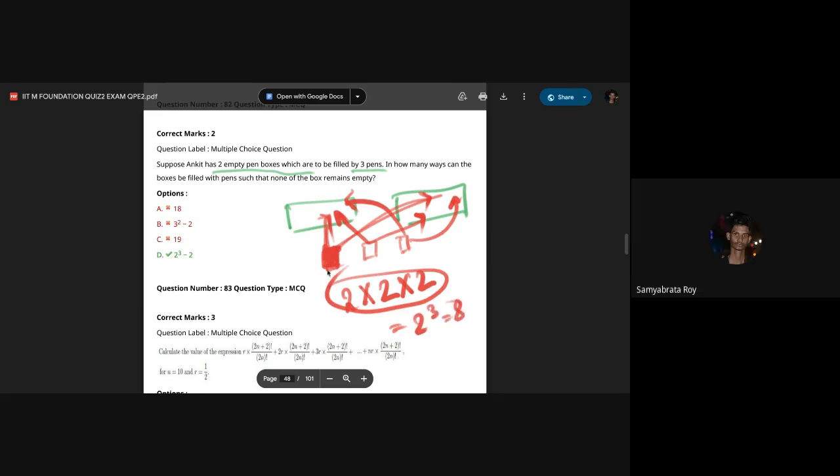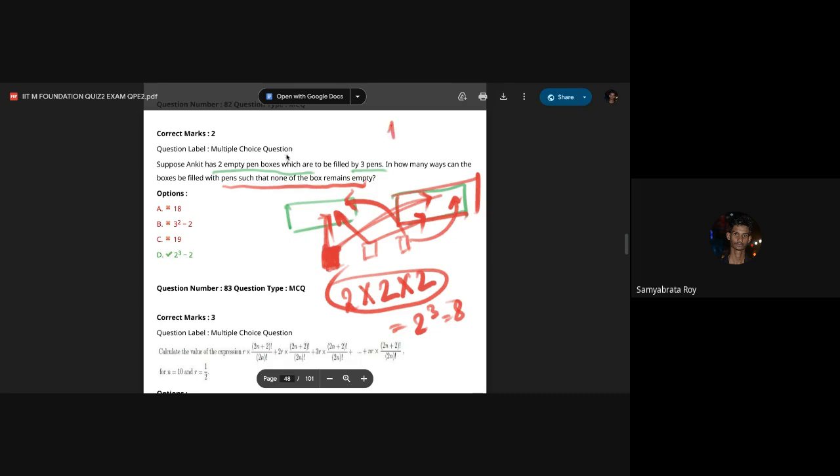Now, I have been given a constraint, which is none of the boxes remain empty. What is the scenario where the boxes are remaining empty? Suppose all of them have chosen this box, right?